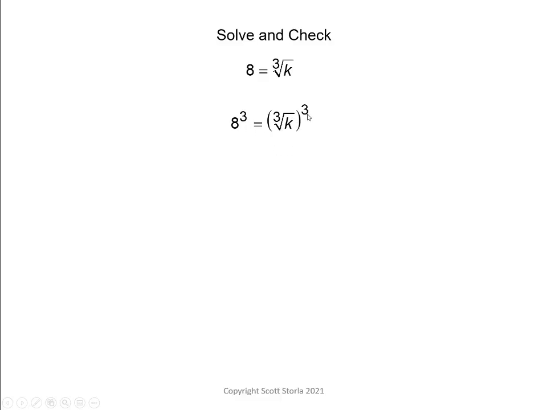On the right, if I cube a cube root, I simply get to my variable of k. On the left, I have to multiply 8 to itself 3 times, which is 512. Again, to check your work, return to the original, substitute 512, find the cube root, and it turns out to be 8.